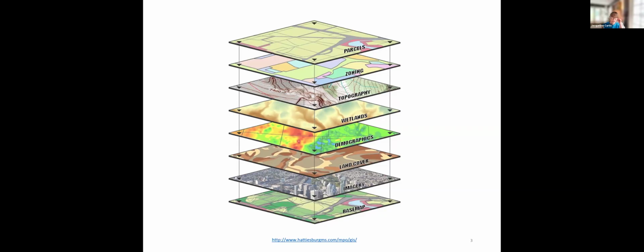This is one of the real powers of GIS, and why it's really coming into clinical medicine. This is just an example of 3, 6, 7, 8 layers. You can put hundreds of layers together of different variables, link them to your patients, and then map and model those to understand what's the prognostic value of some of these natural, social, and built environmental features that our patients live in.